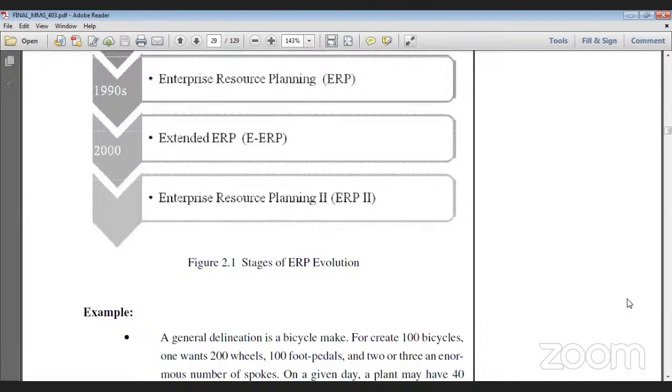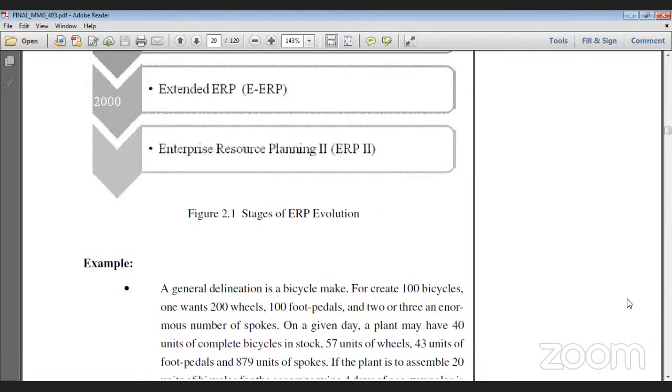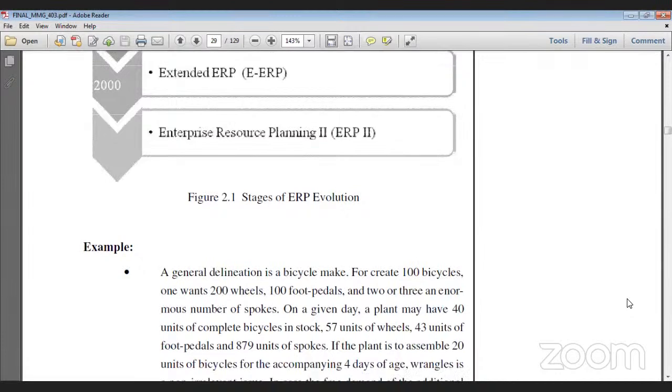In your example, you will find that a general illustration is a bicycle maker. To create 100 bicycles, one wants 200 wheels, 100 pedals, and an enormous number of spokes. On a given day, a plant may have 40 units of complete bicycles in stock, 57 units of wheels, 43 units of pedals, and 879 units of spokes.